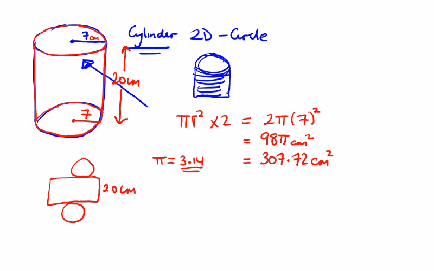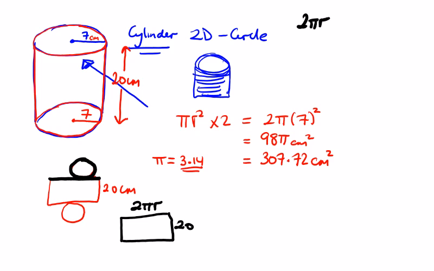Okay, now what we need is the bit along the top. So what is this bit here? Now the circle fits perfectly onto it, so it has to be the same length as the distance around the outside of the circle. So the area of this rectangle, I'm just going to draw it again. There's going to be a 20 here, and along the top here, the circumference of a circle is 2 pi r.